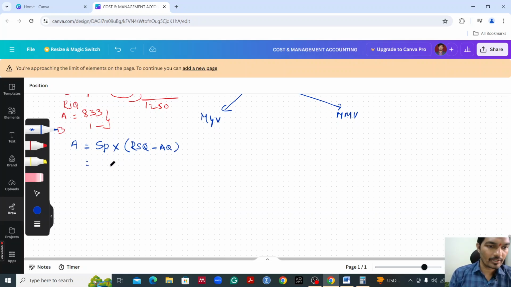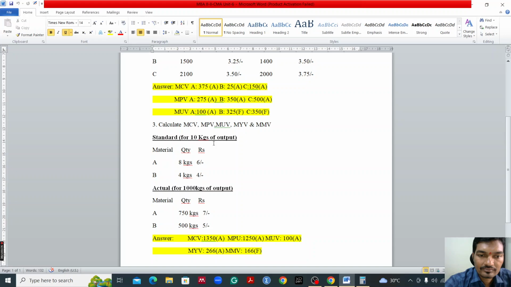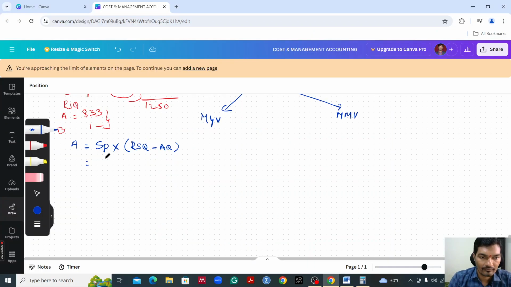So what is the standard price in the sum? For material A, the standard price is 6 rupees, multiplied with the revised standard quantity we just calculated, 417.